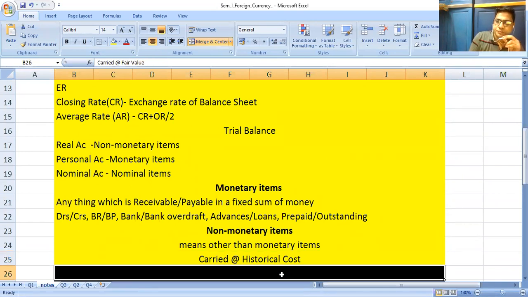If I depreciate this 1 lakh, say we charge 10% depreciation, then from the original cost of the plant and machinery, we deduct the 10,000 rupees depreciation.